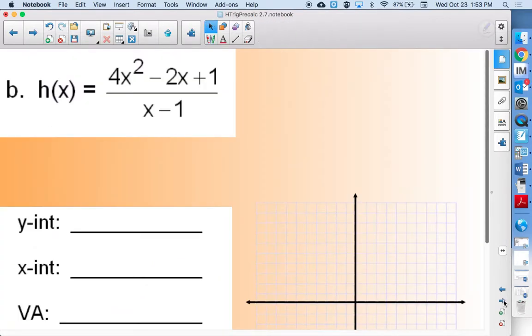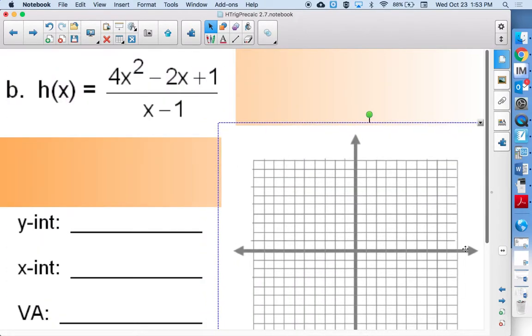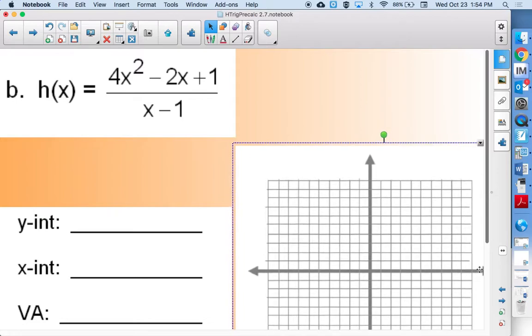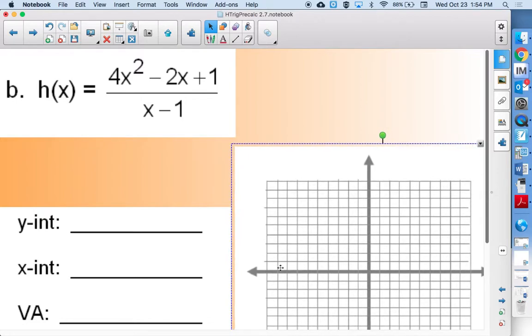So looking at the second graph, working through exactly the same information. Get your y-intercept, get your x-intercept, find the vertical asymptote. There won't be a horizontal, but see if you can now find that slant asymptote.